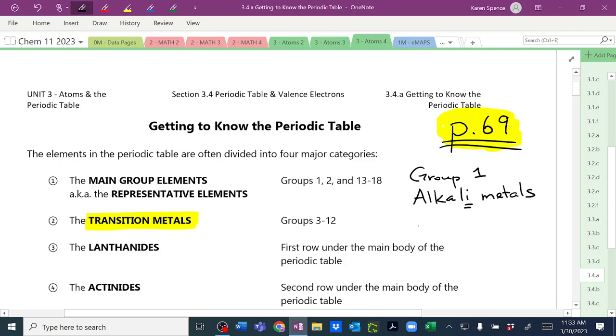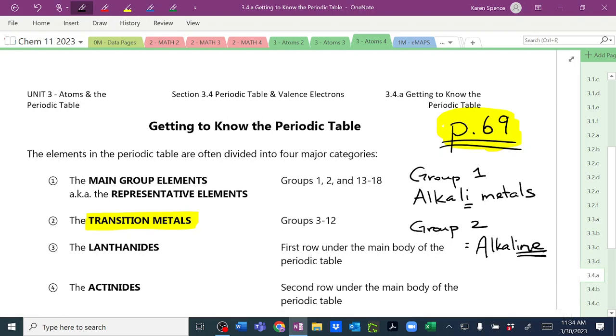Group 2 has a similar name. You remember group 2? Alkaline.